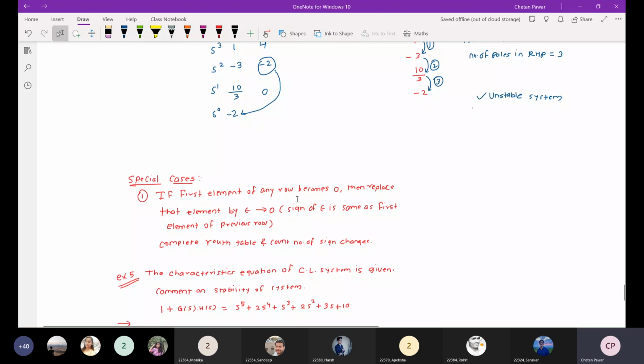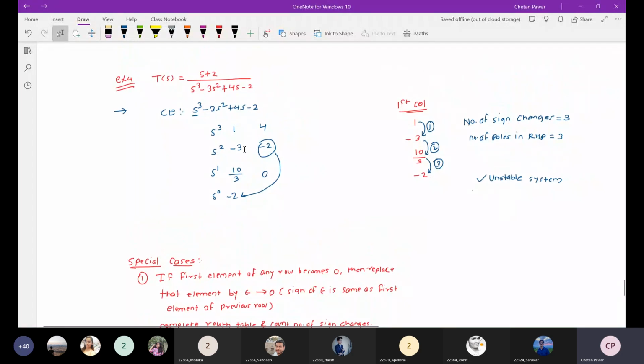If the first element of any row becomes 0, then replace that element by epsilon, which is very close to 0. Then you complete your Routh table and count the number of sign changes. Generally the sign of epsilon is the same as the first element of the previous row.